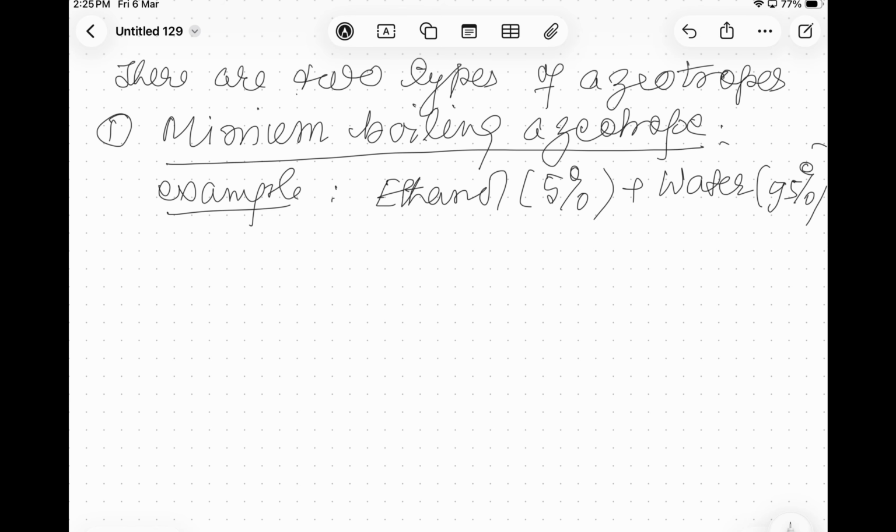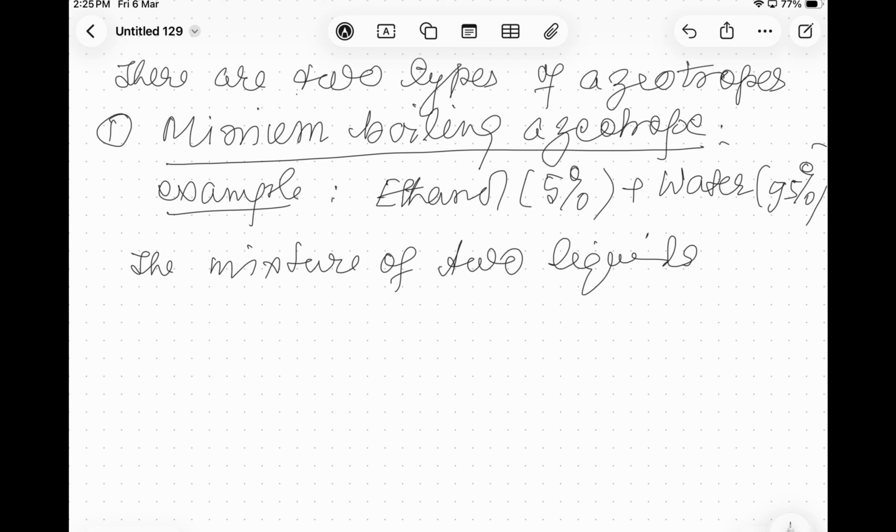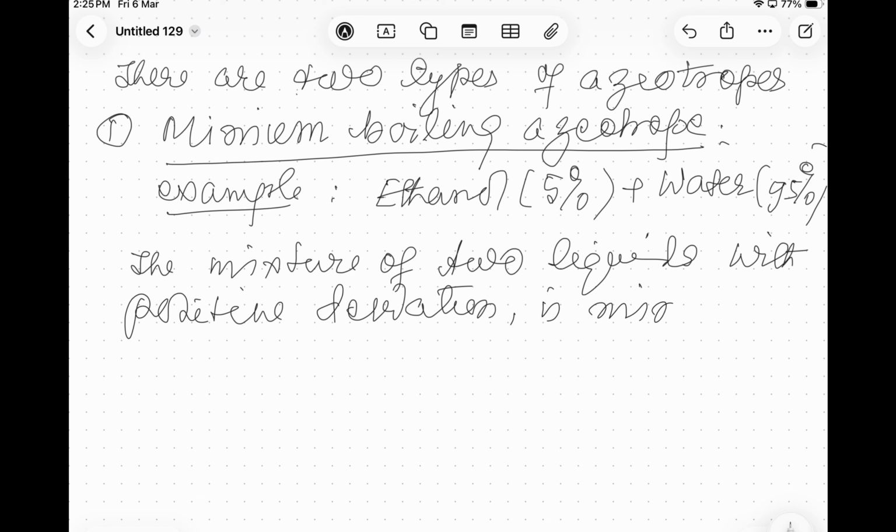So the mixture of two liquids with positive deviation is a minimum boiling azeotrope.